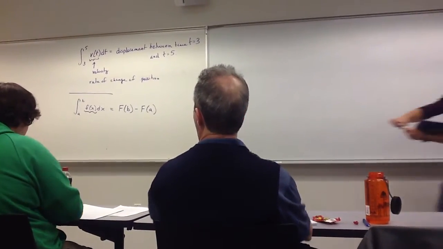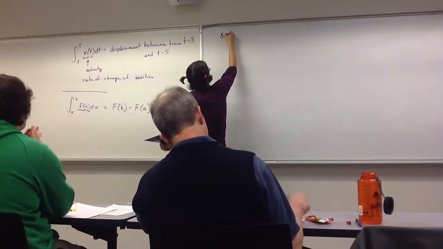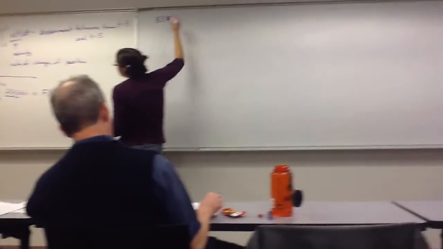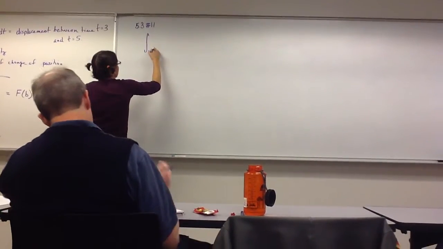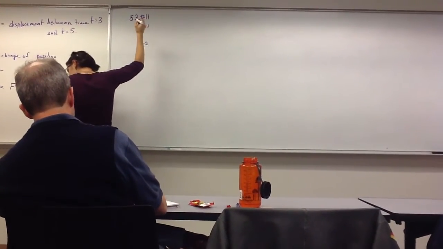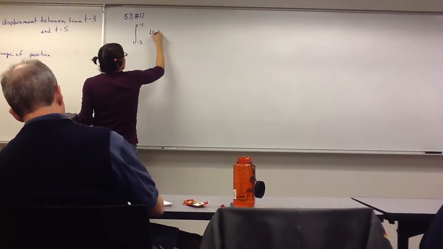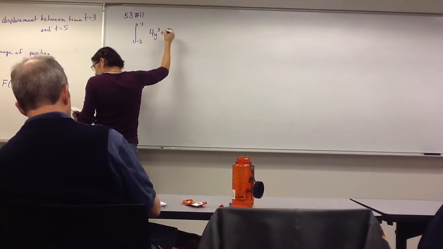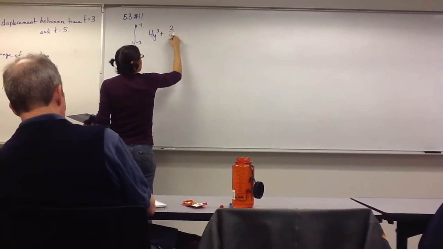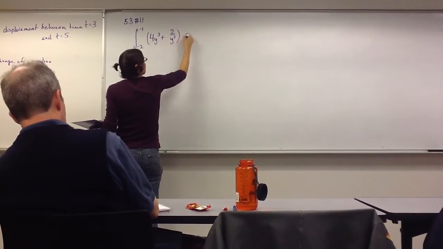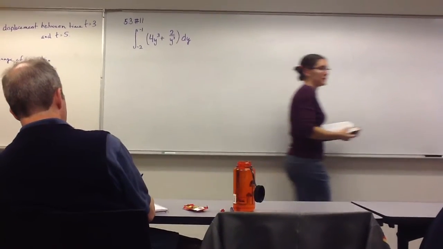So we'll start with number 11. We have the integral from -2 up to -1 of 4y cubed plus 2 over y cubed dy. And our job is to evaluate the integral.